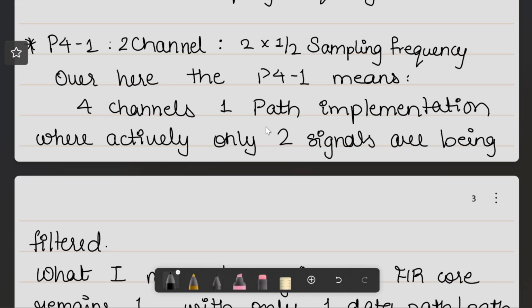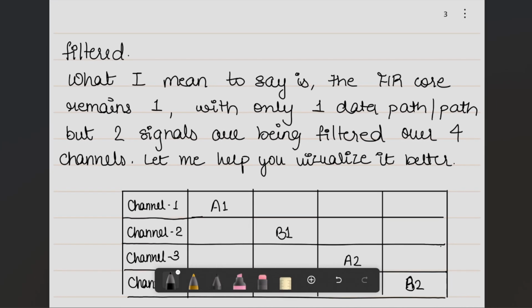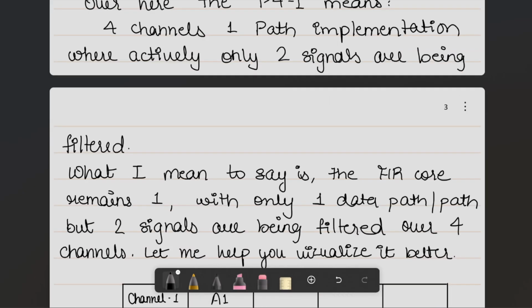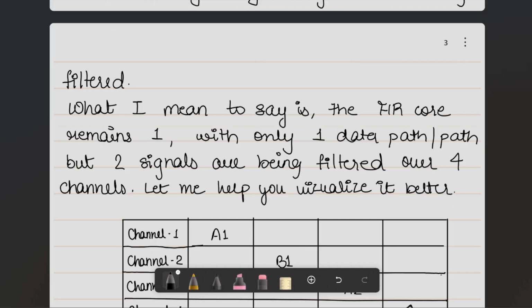Over here, what P41 means is that 4 channels are being used with one data path each, but only 2 signals are being filtered. What I mean to say is, the FIR core remains 1, the data path also remains 1, but instead of 4 signals being filtered via 4 channels, I am only filtering 2 signals spread across 2 channels, i.e.